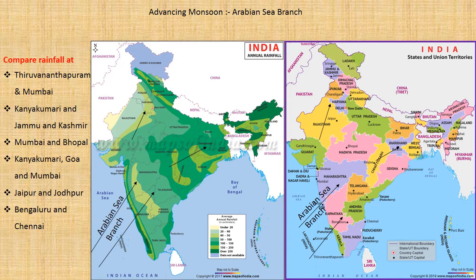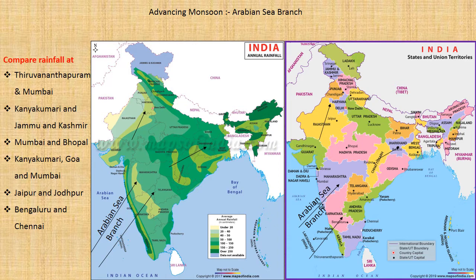The places like Hyderabad, the places like Amravati in Andhra, the places like Bhopal in MP, they will receive less rainfall from Arabian Sea branch because the Arabian Sea branch will lose moisture as it moves from south to north and from southwest to southeast.